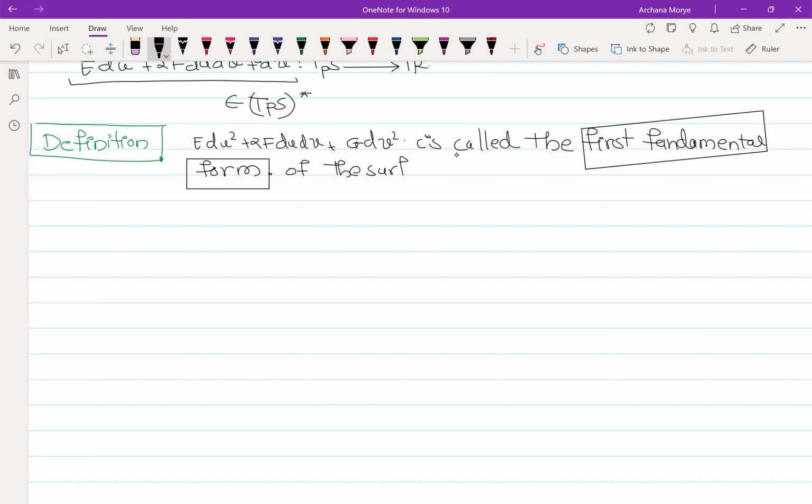As I said, it depends upon the surface patch, so patch sigma UV.